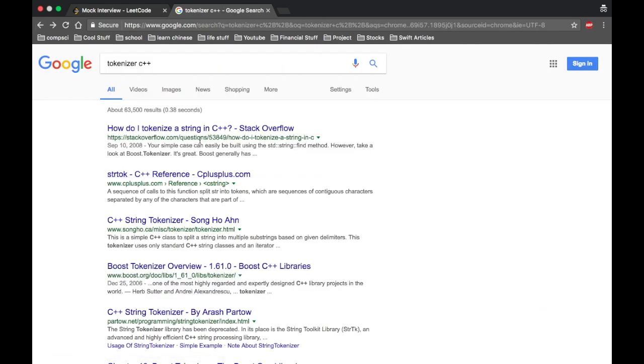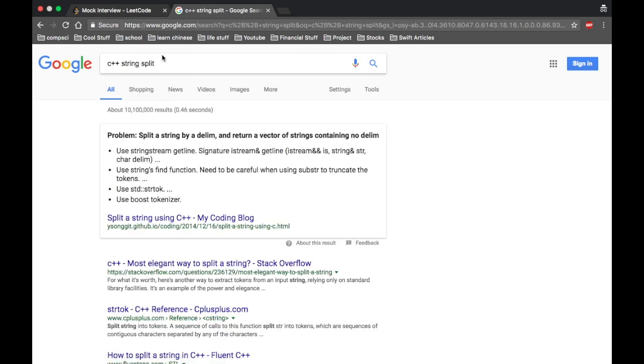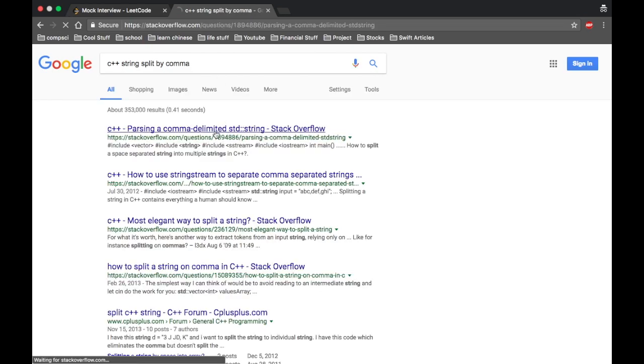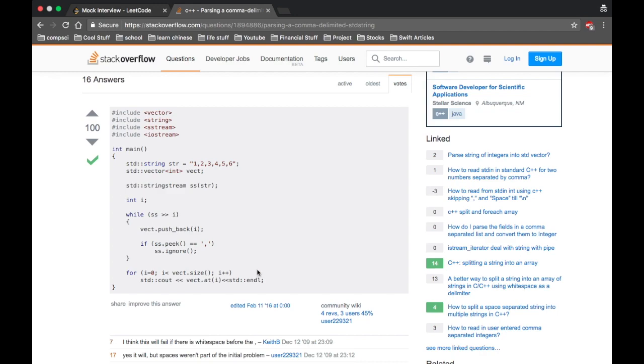I'm trying to split it. C++ string split by comma.